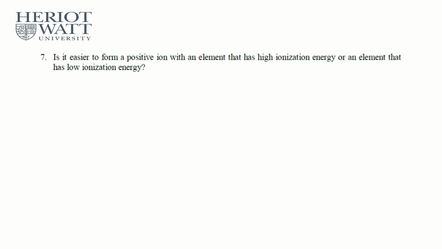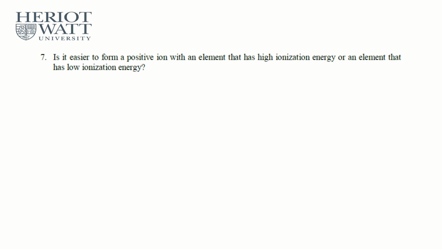Okay, 7. It is easier to form positive ions with an element that has high ionization energy or an element with low ionization energy. Now, which one has a higher ease of forming positive ions? First, to form a positive ion, an atom must be able to lose an electron. In order to lose an electron, you need ionization energy.